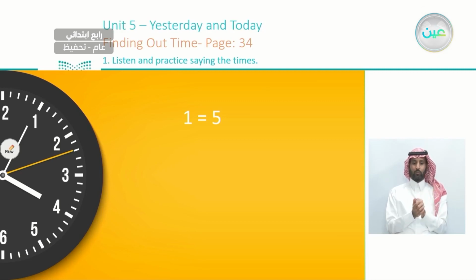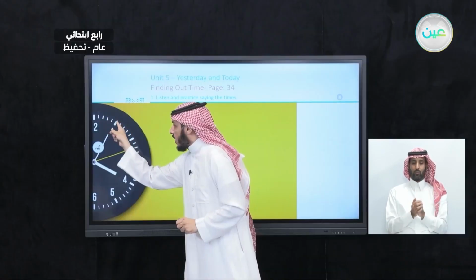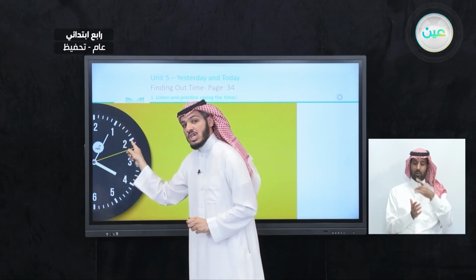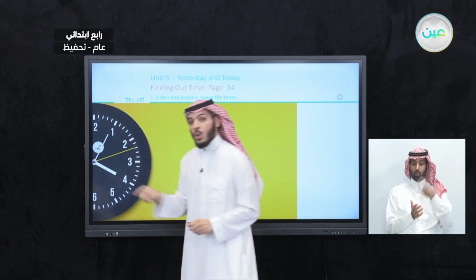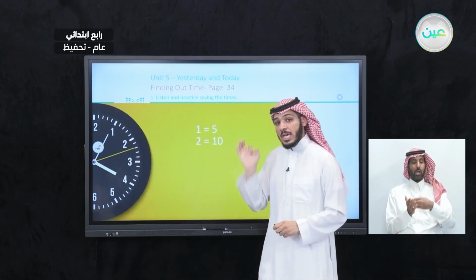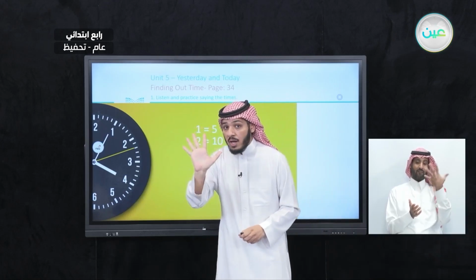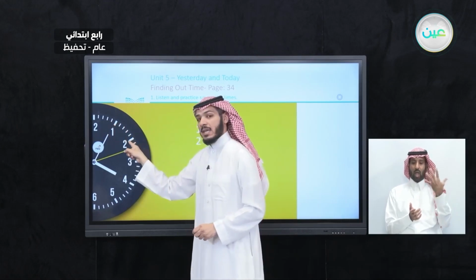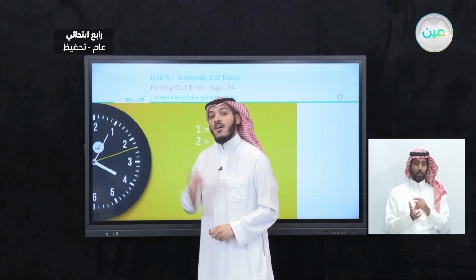Okay, let's count more. So we have 5 here, 6, 7, 8, 9, 10. So if we reach number 2, we have 10 minutes. Each number contains 5 minutes. So number 1 is 5, number 2 is 10, number 3, what do you think? 15. Excellent.